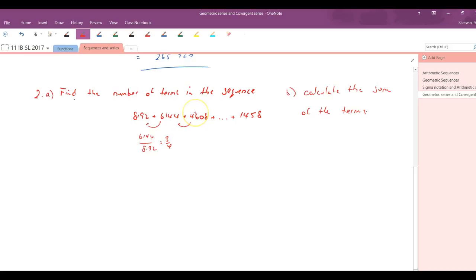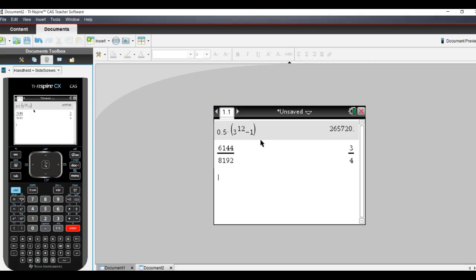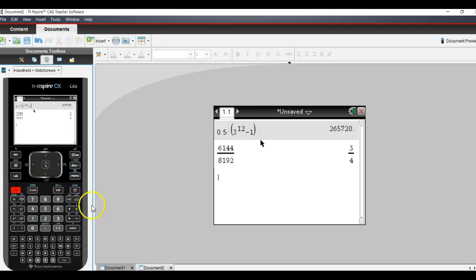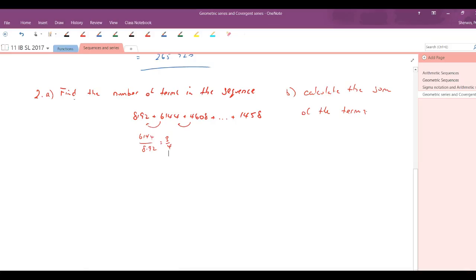Let's just check that 4608 over 6144 is the same. 4608 over 6144, and that's also 3/4. So we have a geometric sequence, so that's also r equals 3/4. So our r is 3/4.